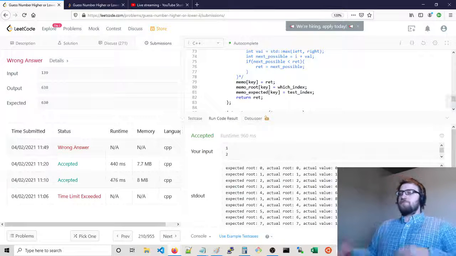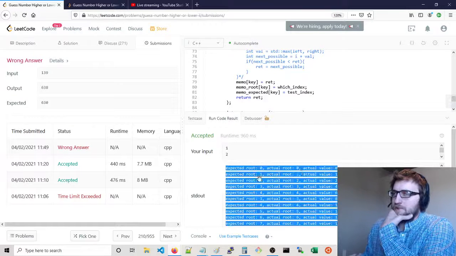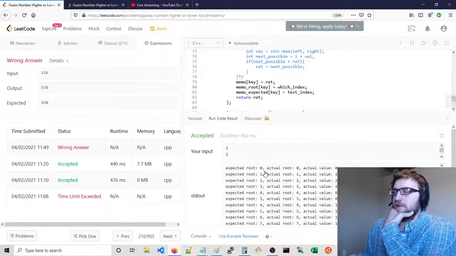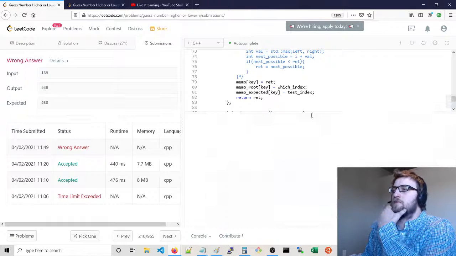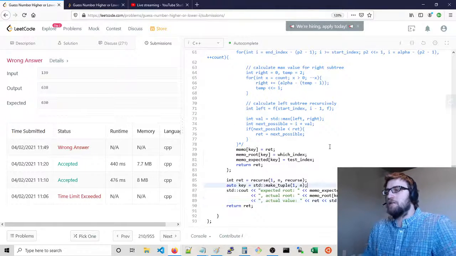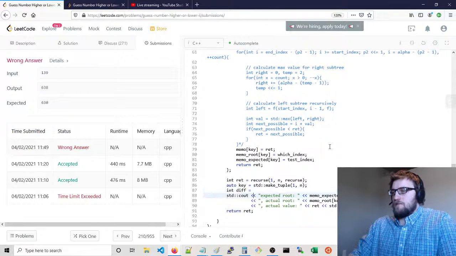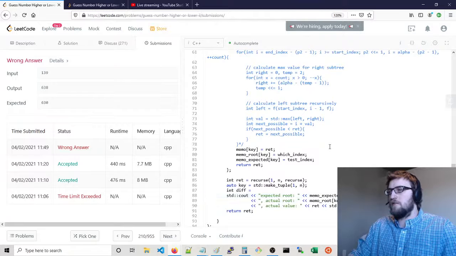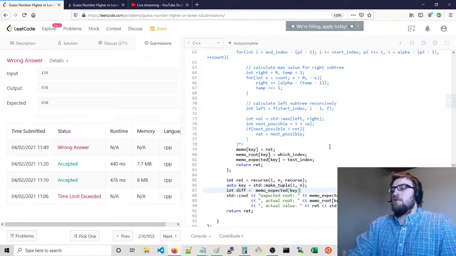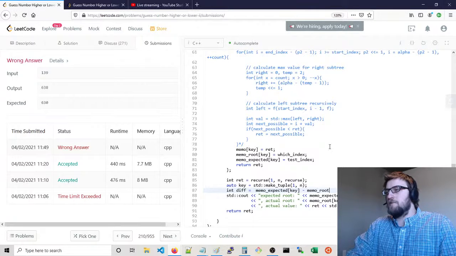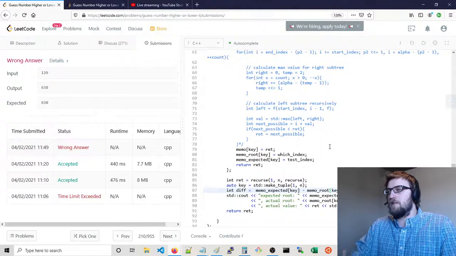So basically the difference between this expected root and actual root. Actually, we'll say diff equals the expected minus the actual, which should always be positive, I think.